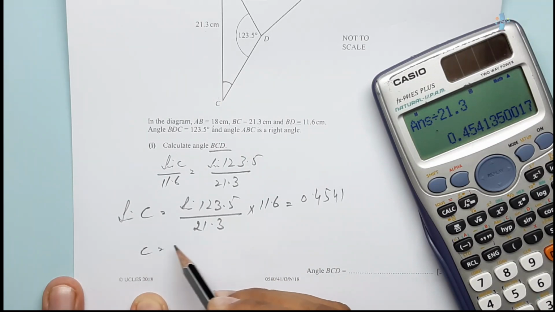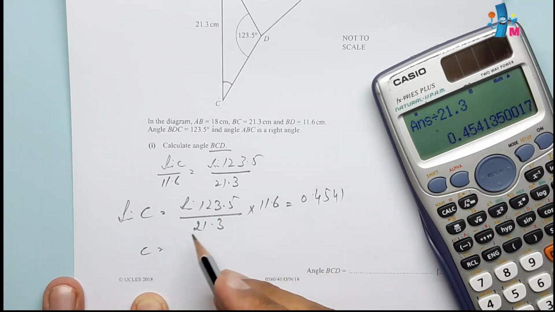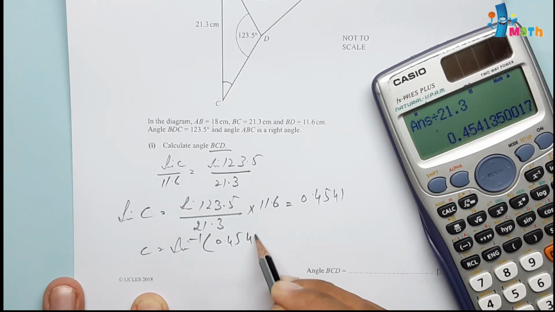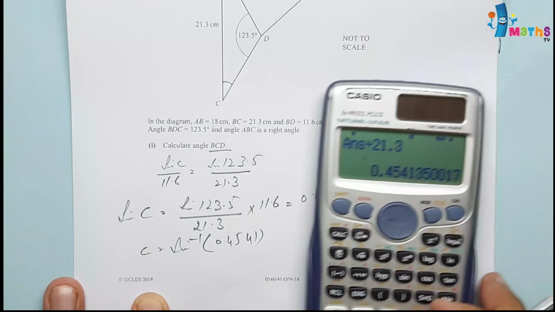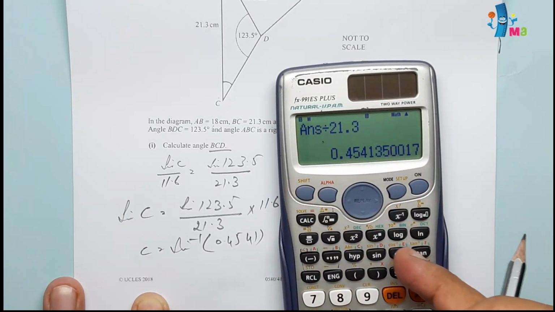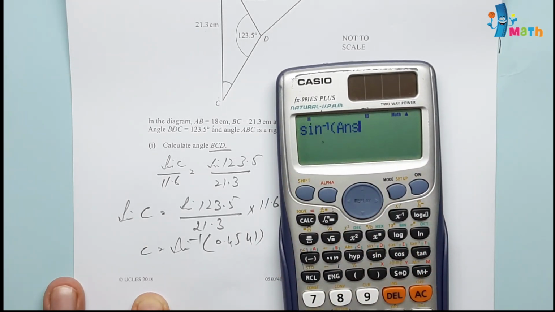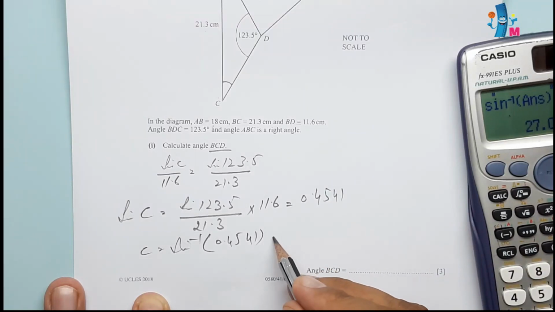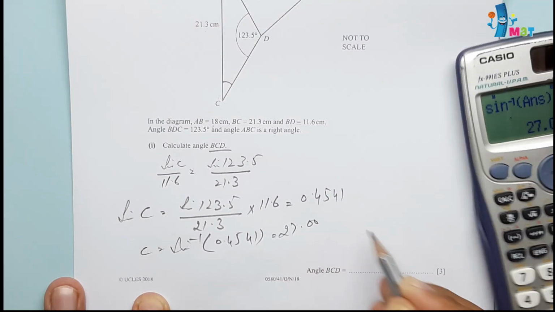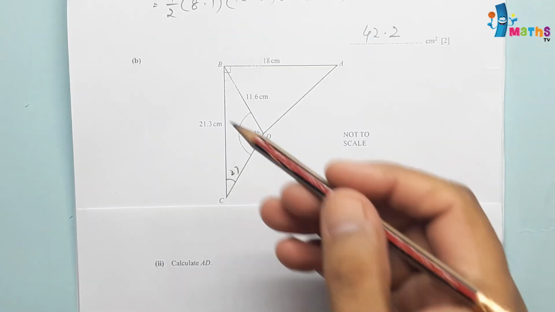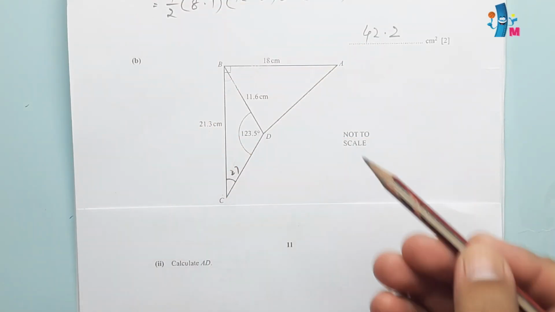So C will be equal to sine inverse of 0.4541. I am using the calculator digits, all digits. So I will take sine inverse of answer, which is 27.00. So I will write here 27.